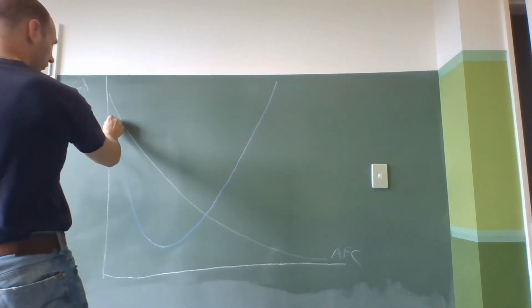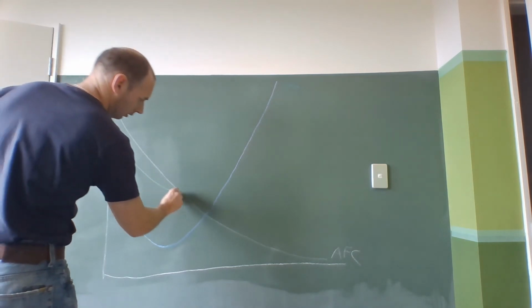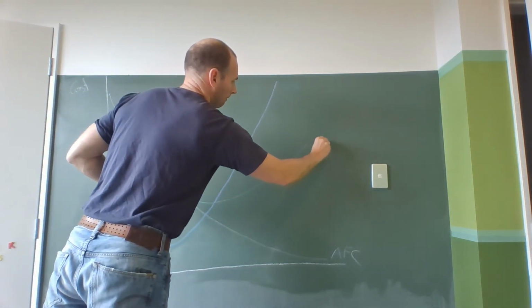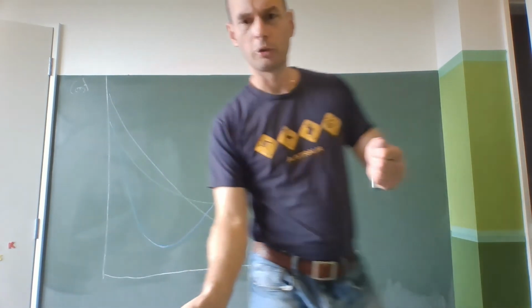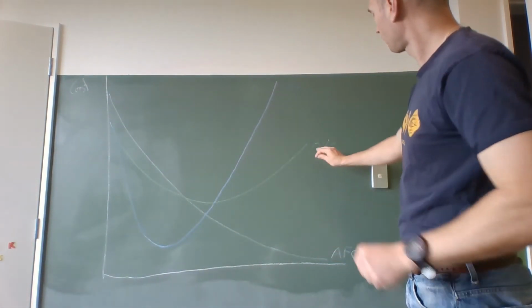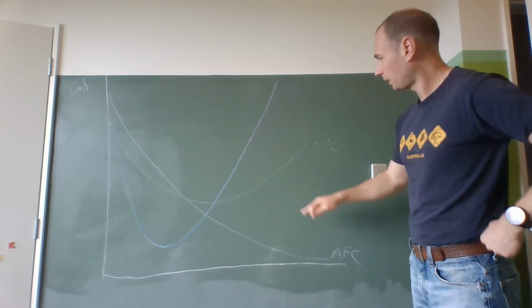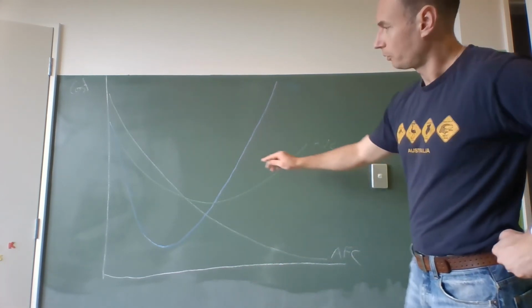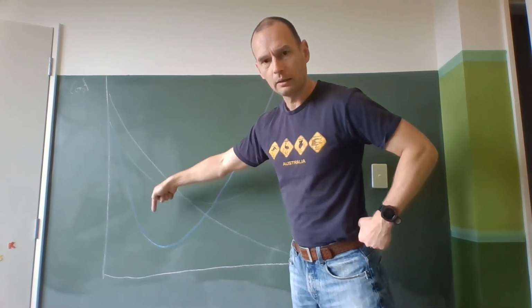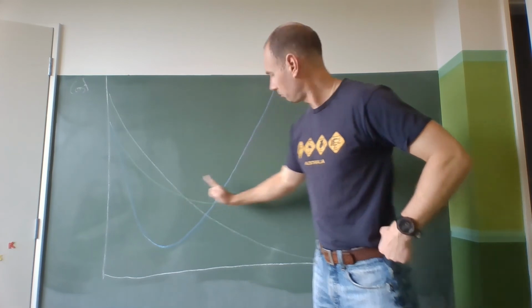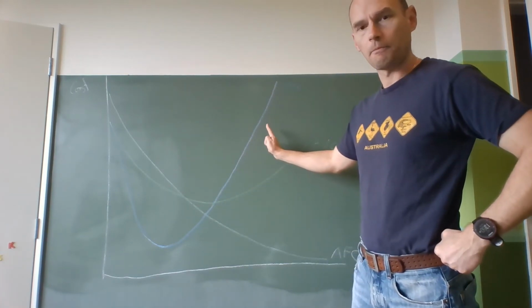This is my average variable cost. How does it look? It looks okay. Green on green strangely looks better than blue on green. So again, the blue line pulls the green line down here and pulls it back up here.